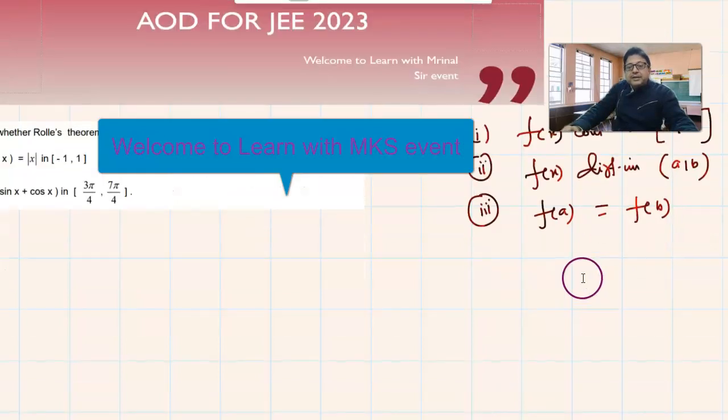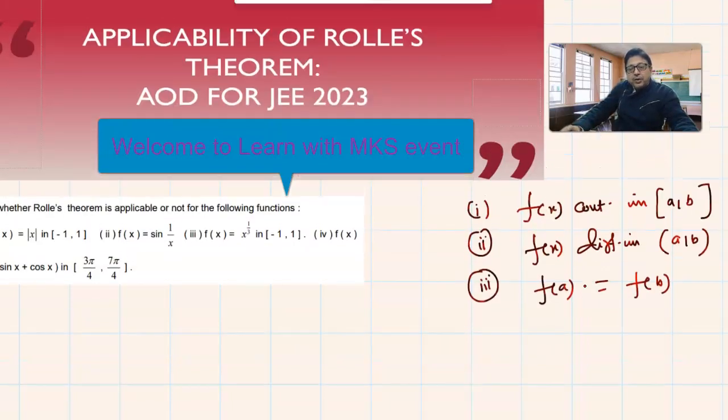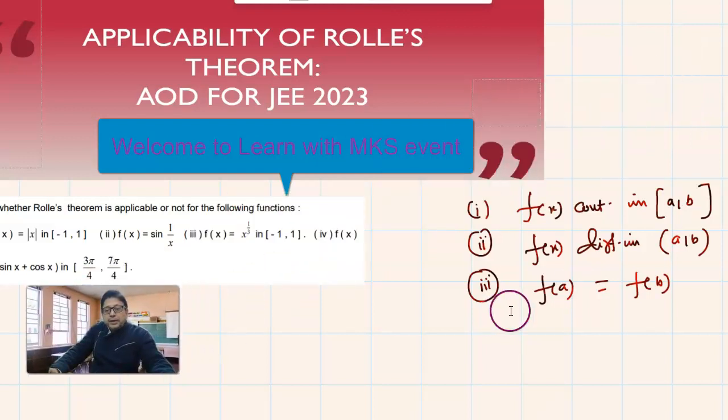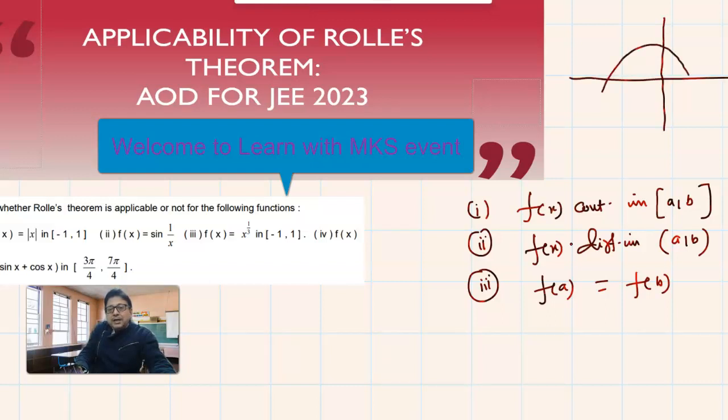Then it explains there will be a horizontal chord of the curve. That horizontal chord will be ensured by this one, that f(a) equal to f(b). If we plot the graph of any function which has a horizontal chord, then Rolle's theorem ensures that there exists at least one point where the tangent is going to be parallel to the x-axis.